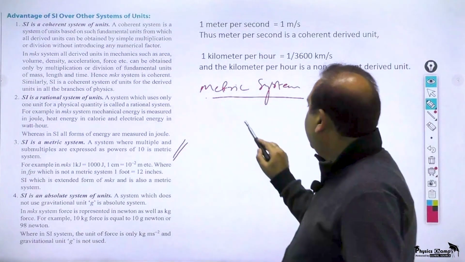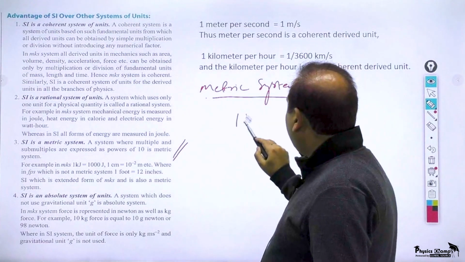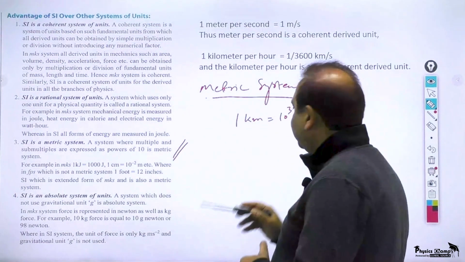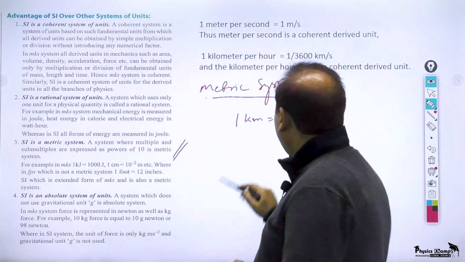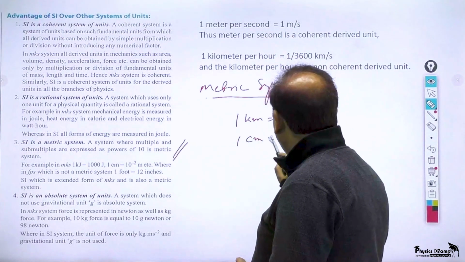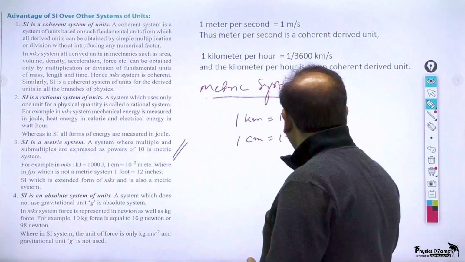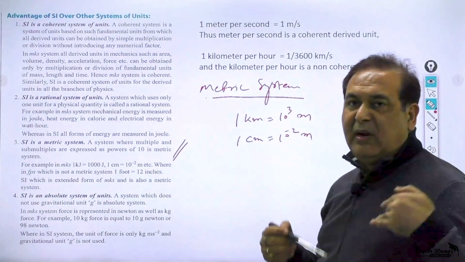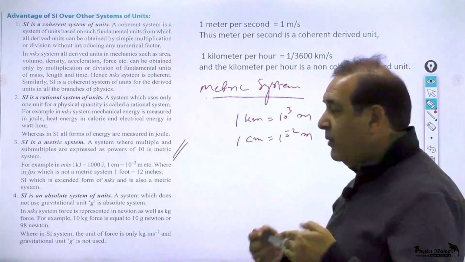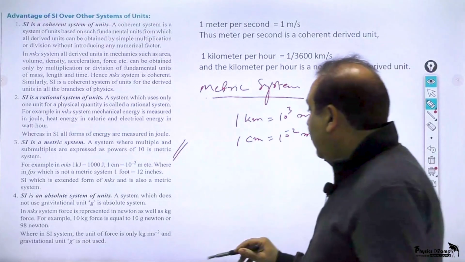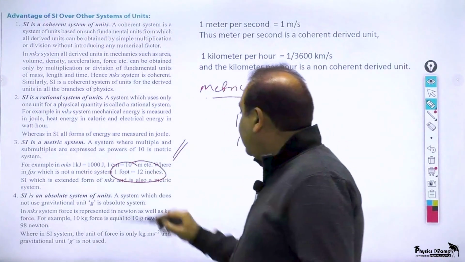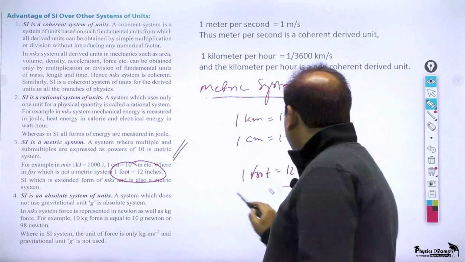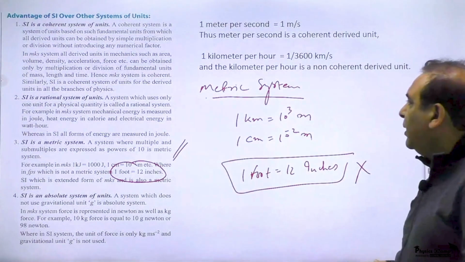Like 1 kilometer is 10 to the power 3 meter. 1 centimeter is 10 to the power minus 2 meter. All bigger and smaller multiples are just represented as powers of 10. On the other hand, 1 foot is 12 inches in the FPS system, so it's not a metric system.